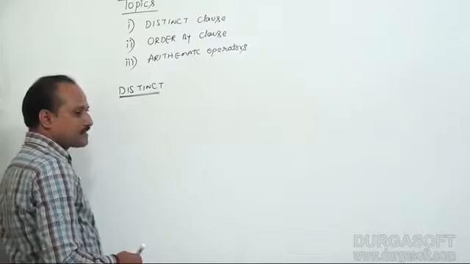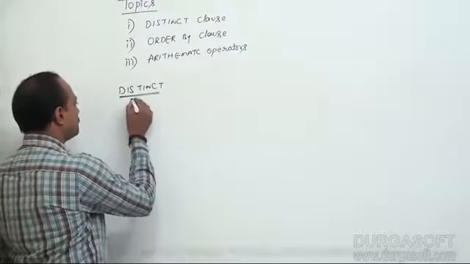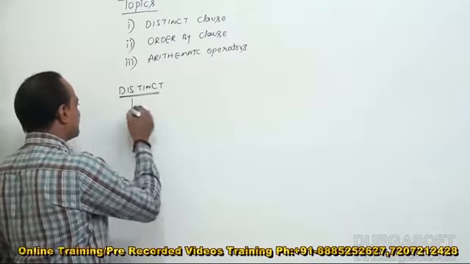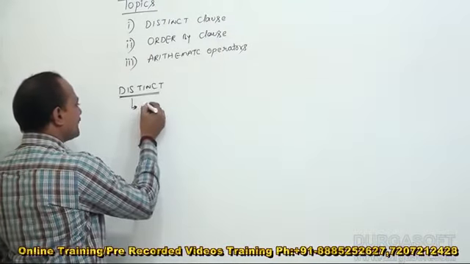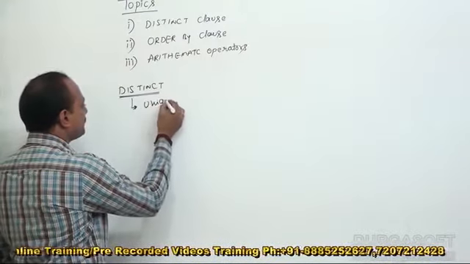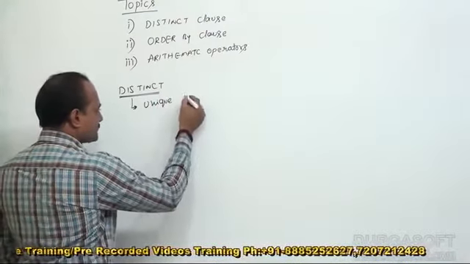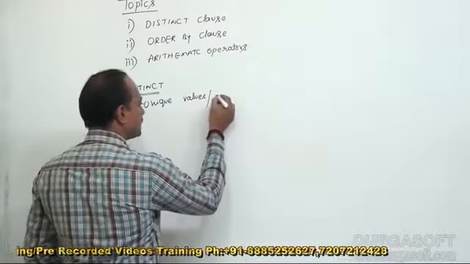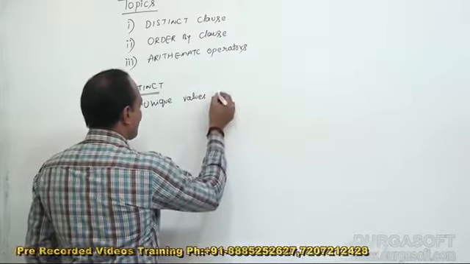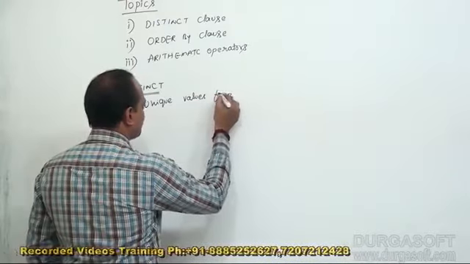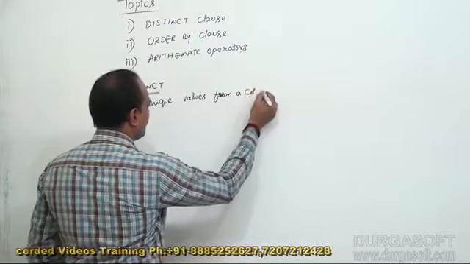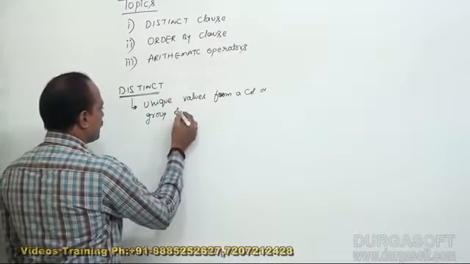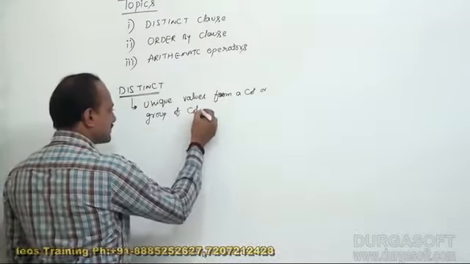Again, I am repeating: if you want to select unique values, and you don't want to see duplicates, from a column or group of columns, then we can use the distinct clause.